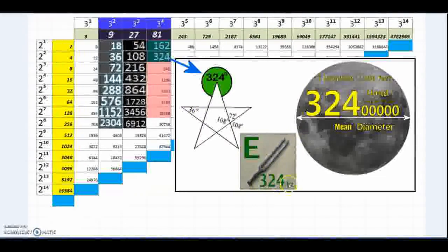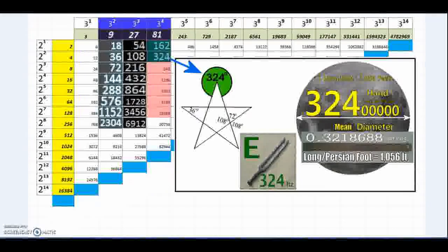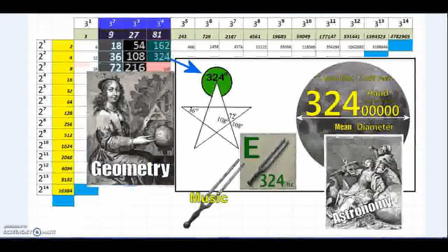Pythagorean tuning, 324. And now the long foot, again, which has been a consistent feature which joins all these together. There will be lots and lots of information in regards to this in the future. Very, very important. But also, again, 324 and 5 zeros on that scale brings us the Moon.